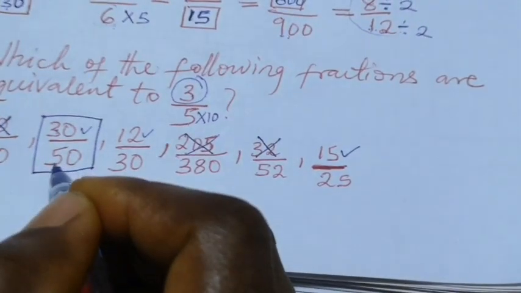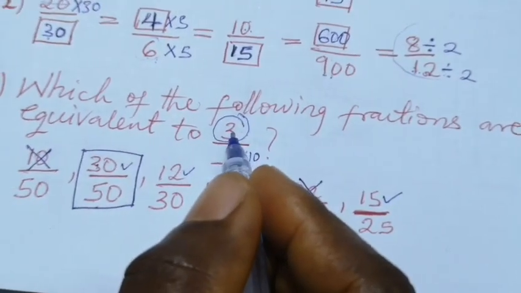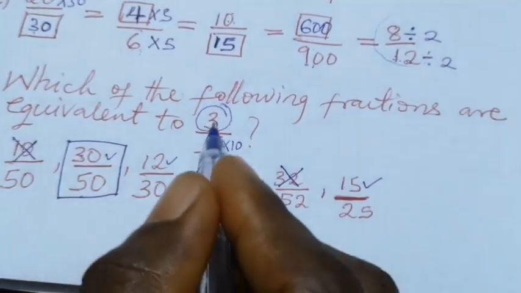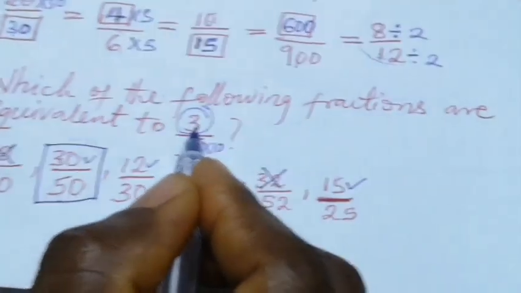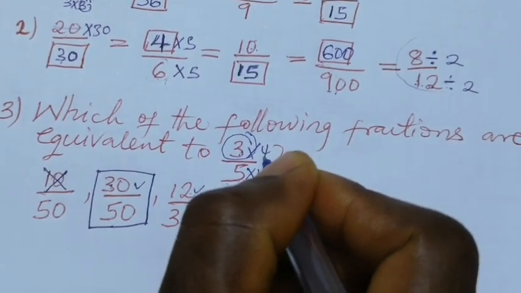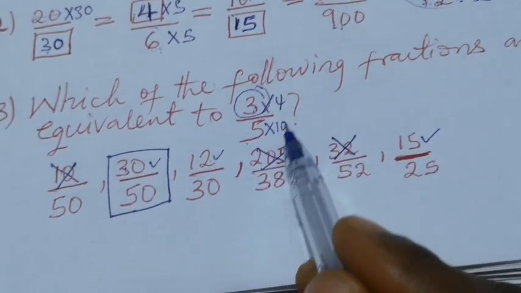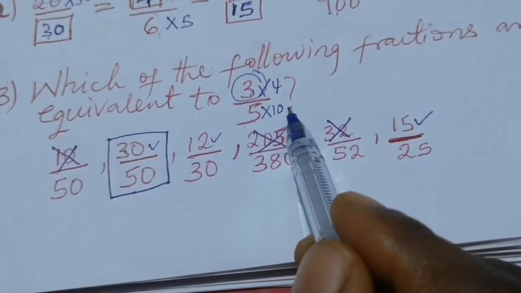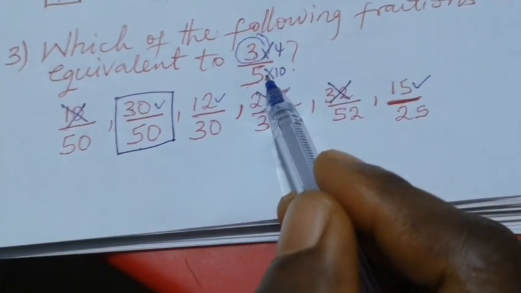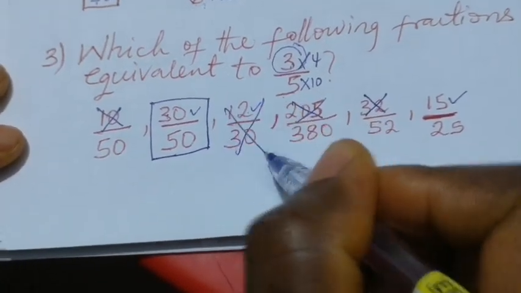So 30 all over 50 is equivalent to 3 all over 5. Now let's come to this one. 3 times what will give me 12? Now 3 times 4 will give me 12. Okay, I will use this 4 and multiply the denominator to see if I will get 30. Now 5 times 4 is 20. So since it is not 30, that means this is wrong.